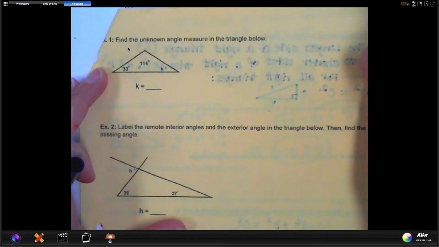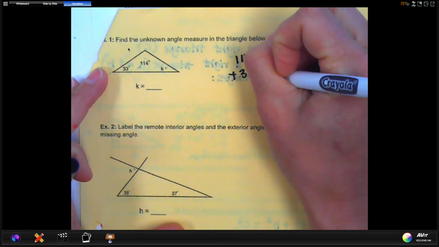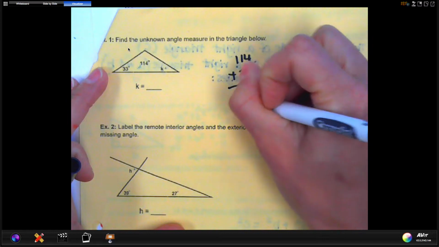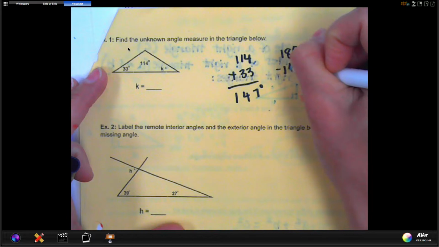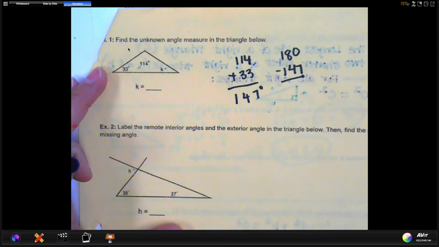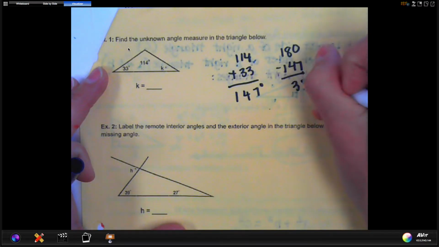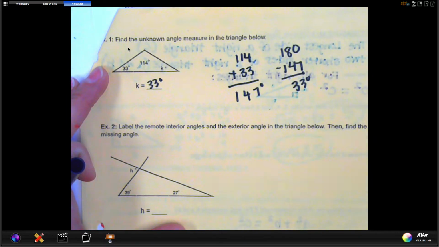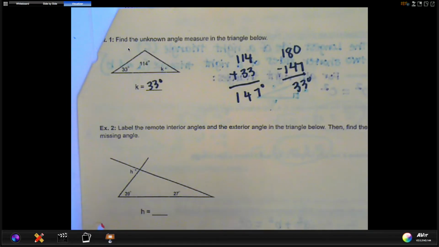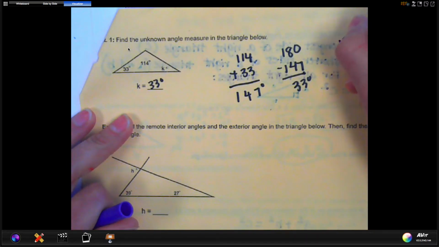So there's two ways you can do it. You can either add the 114 plus the 33 and realize that is 147 degrees, and then do 180, our total, minus the 147, and you will get 33 degrees, and that's going to be our angle K. The other way you could think of it is simply by knowing that 180 degrees is the total, so you can do 180 minus your 114 minus your 33.